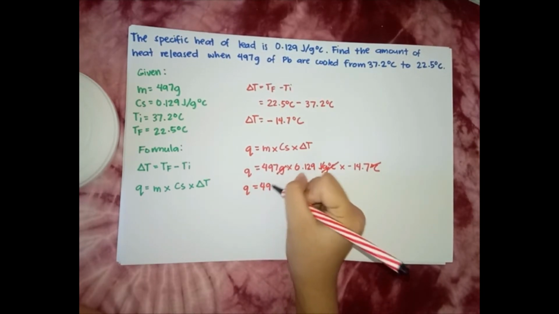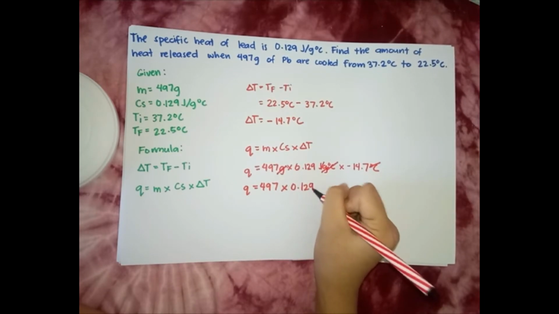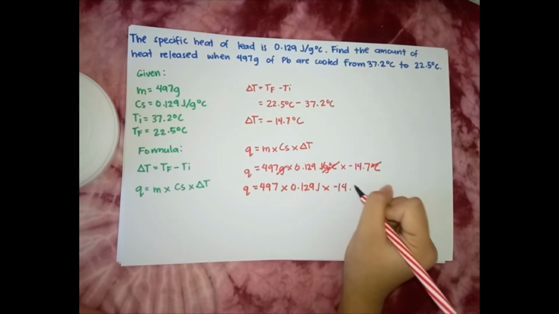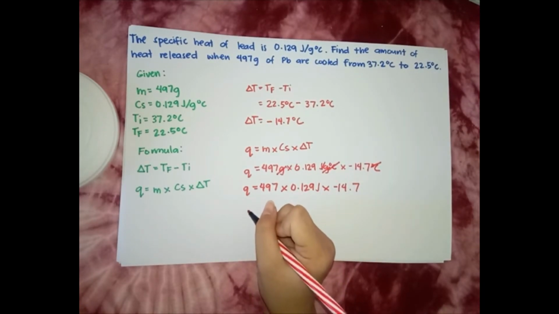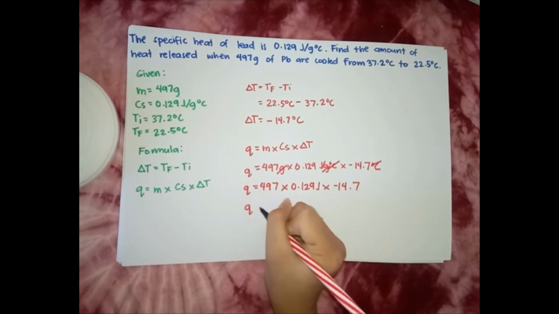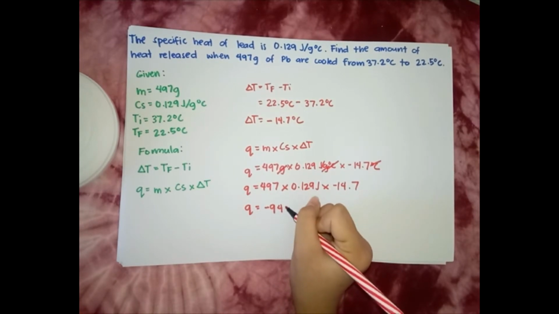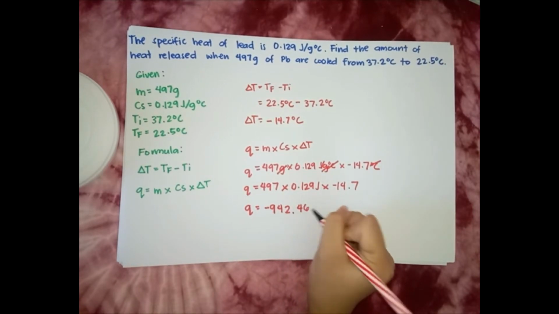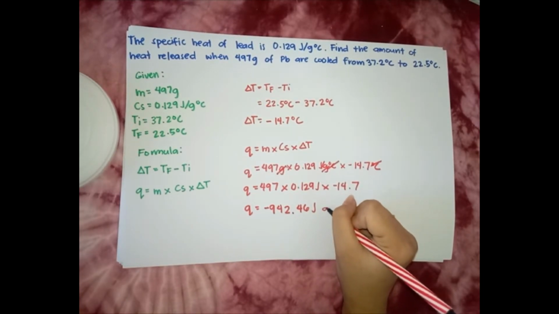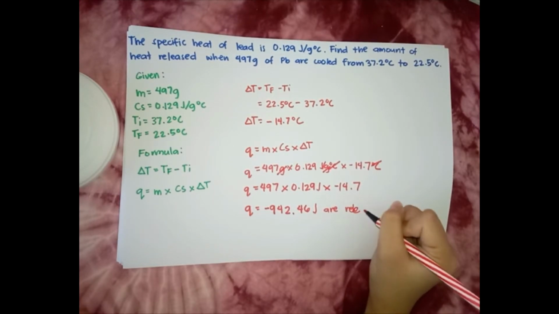And we have 497 times 0.129 joules times negative 14.7. If we multiply this all, we have negative 942.46 joules. Or we should say negative 942.46 joules are released.